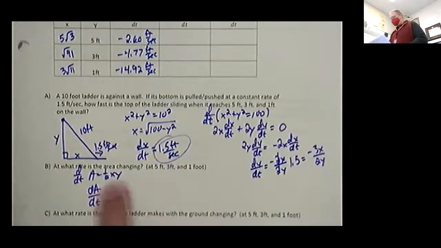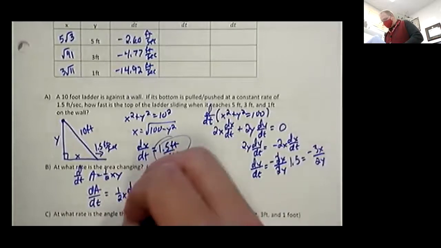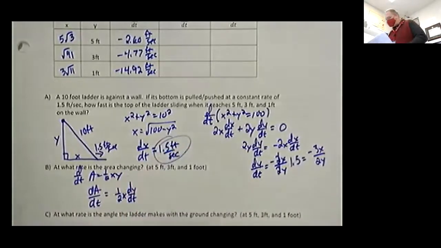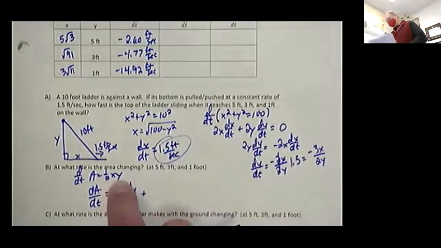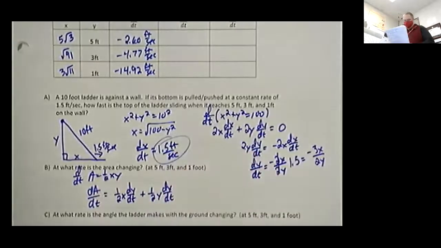So the first times derivative of the second, so 1/2 x times the derivative of y. Derivative of y is dy dt, so that's 1/2 x dy dt, plus the second y times the derivative of 1/2 x, and that is 1/2 y dx dt.